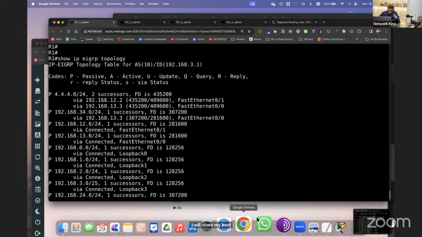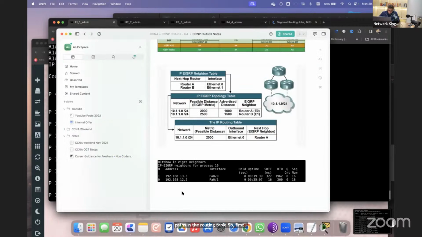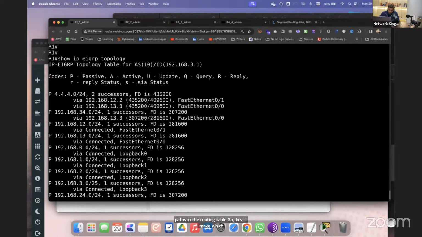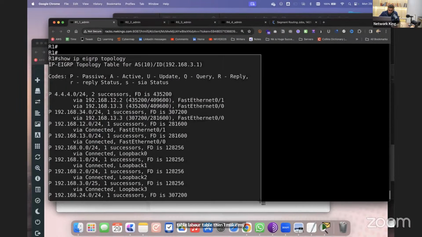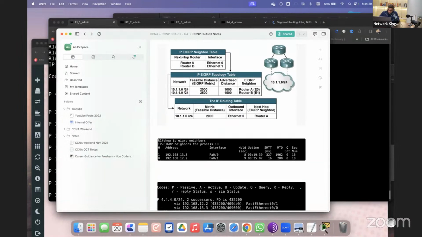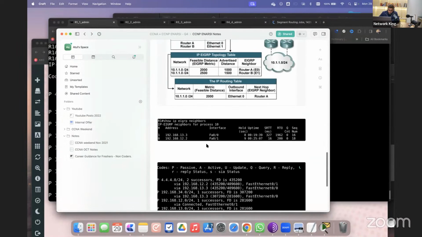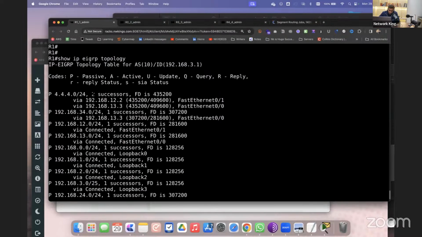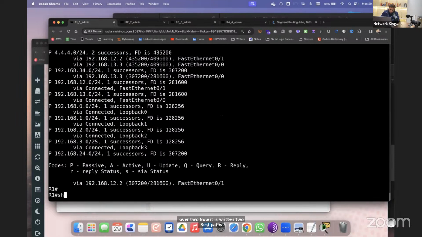So first I make the neighbor table. Then I make the topology table that I just told you about. After that I will choose the best path. Now I know whether I have one best path or two. Here it is written two best paths, so both paths will go in the routing table.